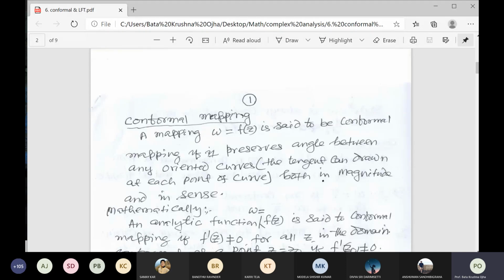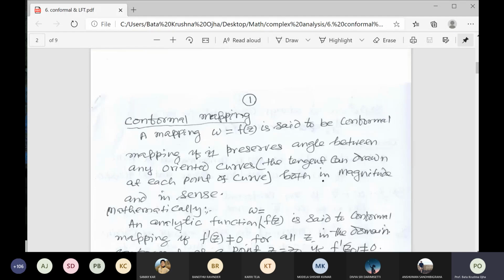Similarly, if you measure the angle between the two intersecting curves tau1 and tau2 at w0 in the w plane, through the tangents, suppose it is phi. So theta is the angle between two curves in the z plane, and phi is the angle between two curves in the w plane, which is the image of the z plane.